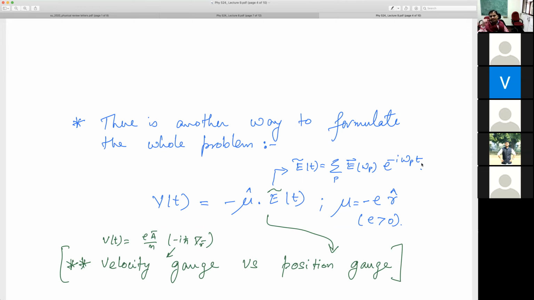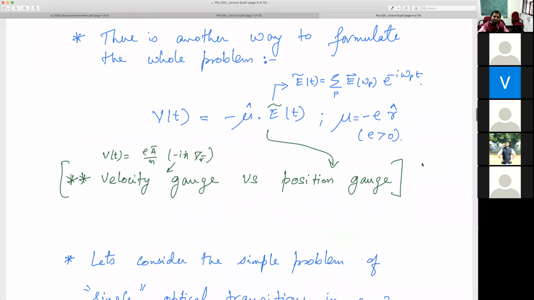In my experiments, I can apply more than one frequency of radiation simultaneously, which can also have different polarizations, so this is a generic framework. So E is the sum over all different frequencies p of E omega p times e to the power minus i omega t.